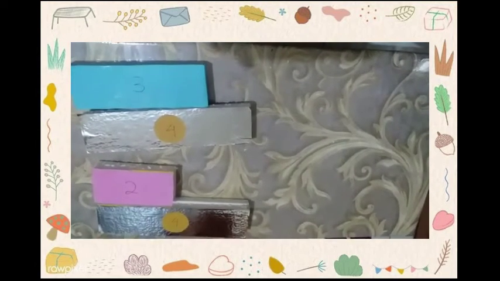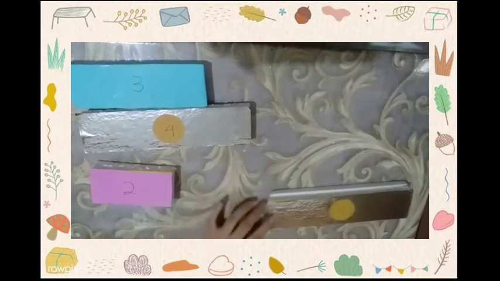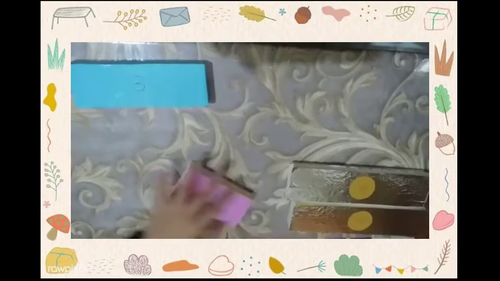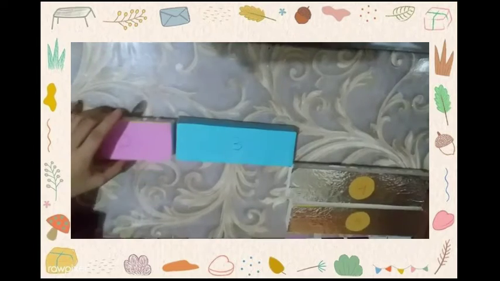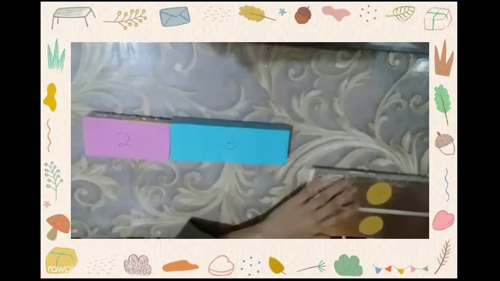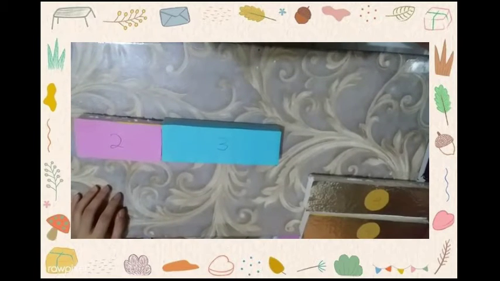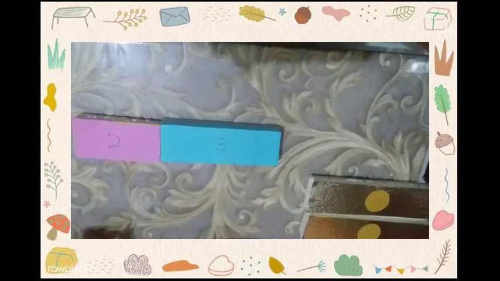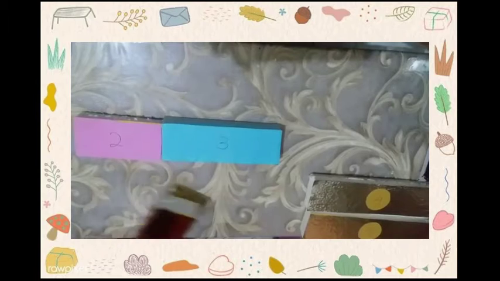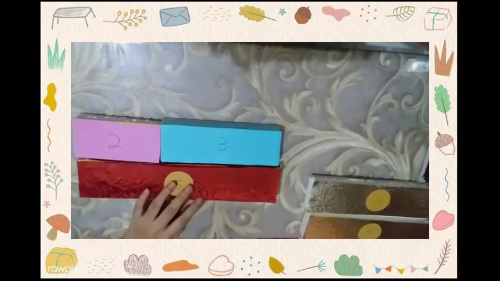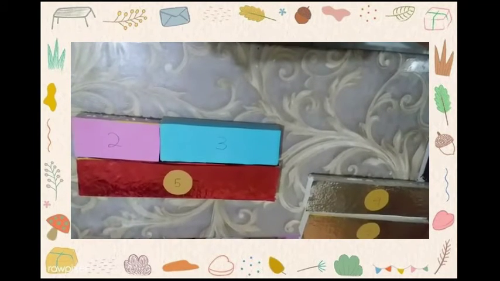Combining the blue and pink rods gives the sum of the two fractions, which is the same length as a red rod.